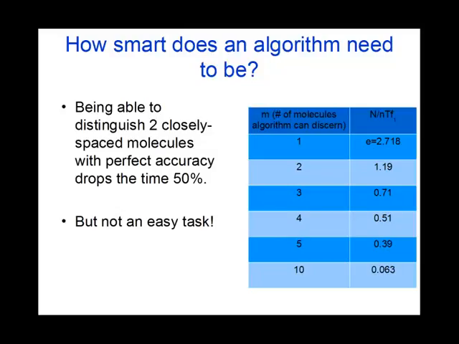So this table shows the number of molecules that the algorithm can discern and some measure of the minimum number of cycles needed. And 1, 2, 3, 4, 5, you go down by a little bit less than an order of magnitude. When you go from 5 to 10, you actually buy a pretty substantial improvement. But all of this is under ideal assumptions.